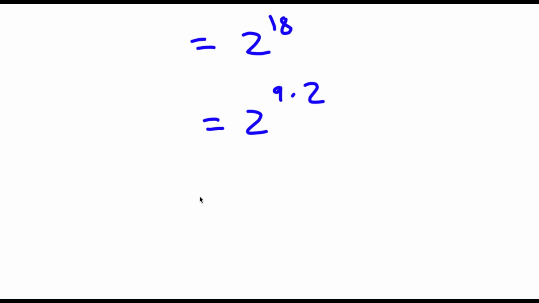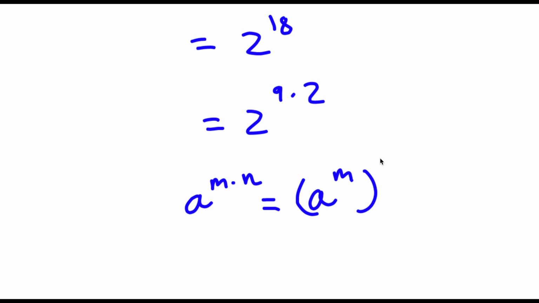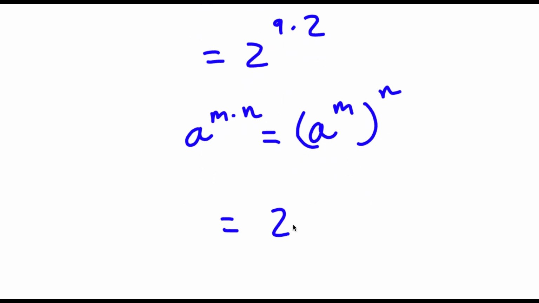And now if I have something in the form a to the power of m times n, this is the same thing as a to the power of m to the power of n. So in this case, this is the same thing as 2 to the power of 9 to the power of 2.